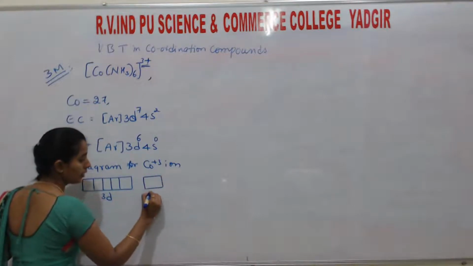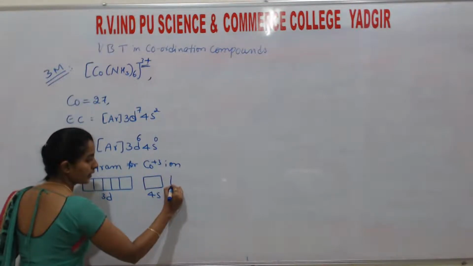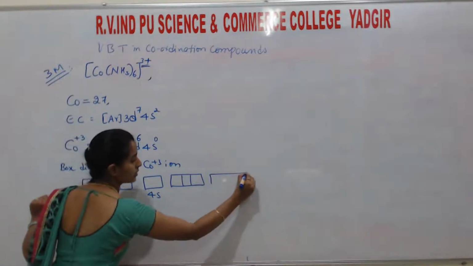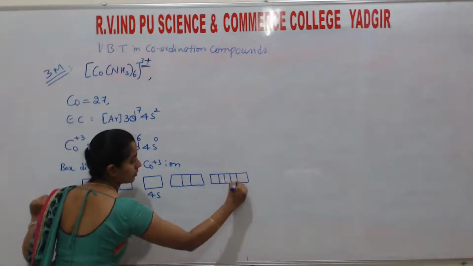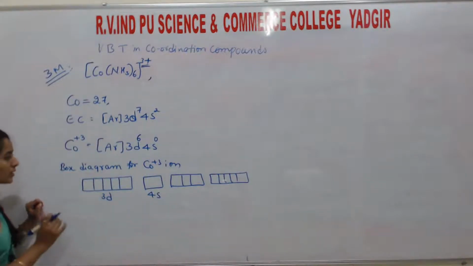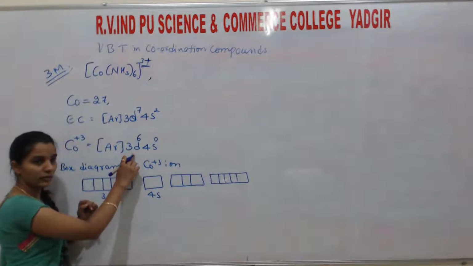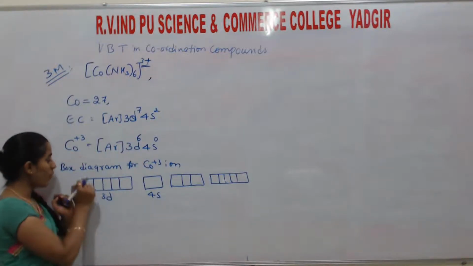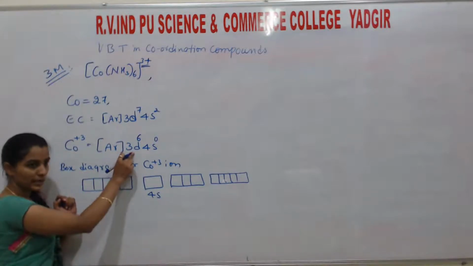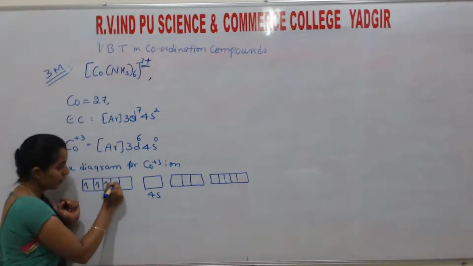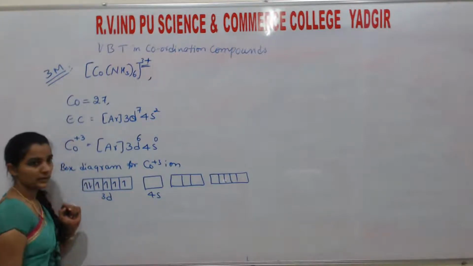After 3d, 4s. Next, 4p. Next, 4d. You have to write all this. So first, how many electrons are here? 6. In the 3d6 configuration of the cobalt +3 ion, 6 electrons are there. So 1, 2, 3, 4, 5, 6.